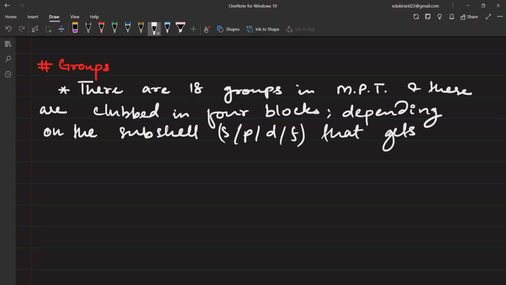So we have further divided each of these groups as clubbed in S, P, D, or F.